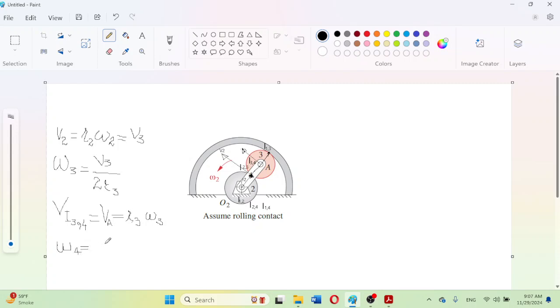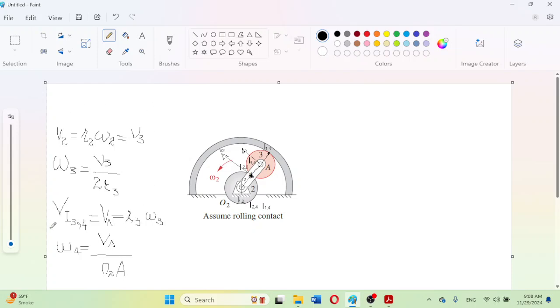So omega 4 will be equal to VA divided by the distance from O to A, meaning this complete distance from this pin up to this pin. When this VA is divided by it, this gives the angular velocity.